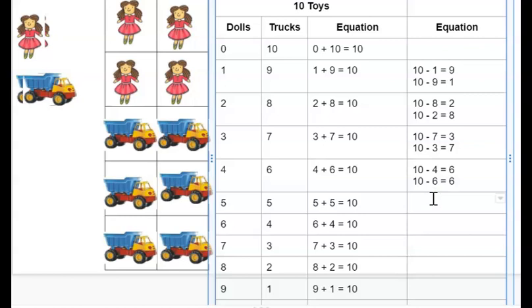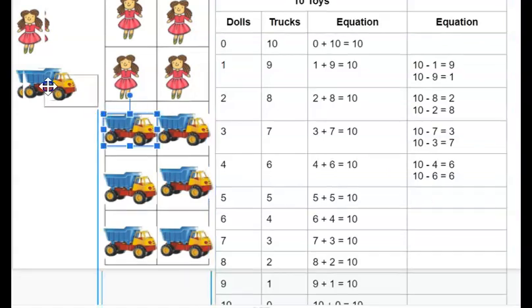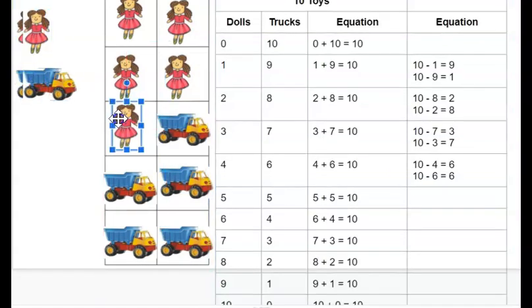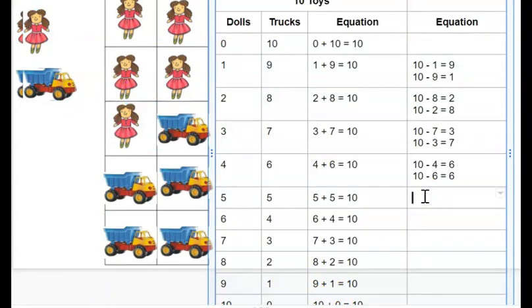Now, the next one was 5 plus 5. I had 5 dolls and 5 trucks. So if I have 10 in all, and I subtract 5, take 5 away, I know I'm left with 5. Because I know 5 plus 5 is 10, I know 10 minus 5 is equal to 5.